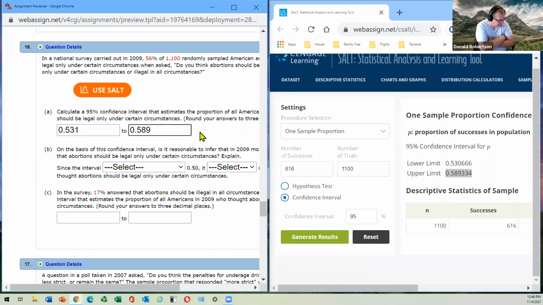I wish they'd given you a question something like this. Is there enough evidence to prove that the majority of Americans are in favor of abortion? Does that interval indicate that the majority of Americans are in favor of abortion? And I'm just saying evidence, not that it's guaranteed. 53 to 59%.